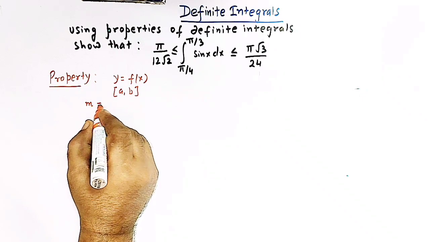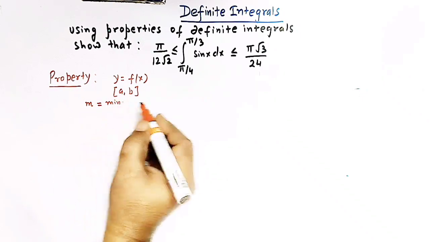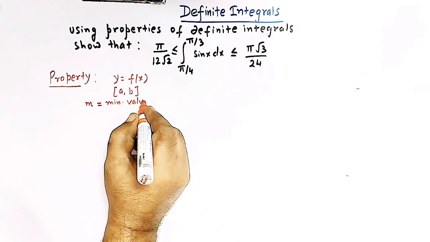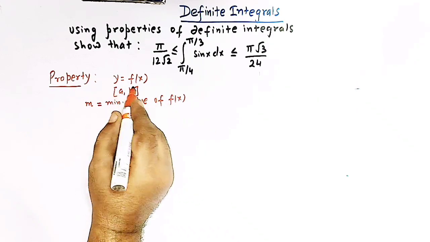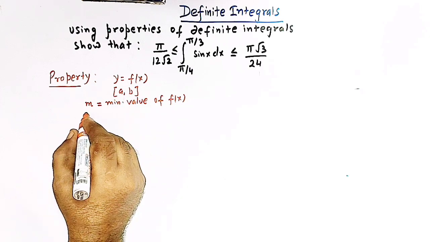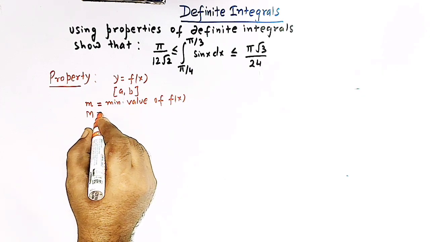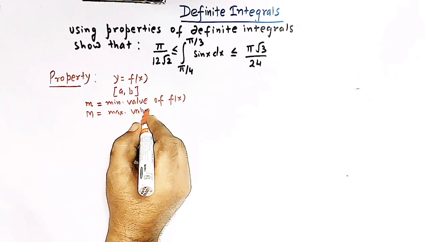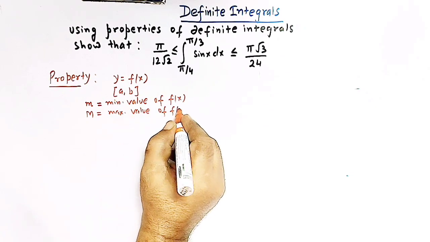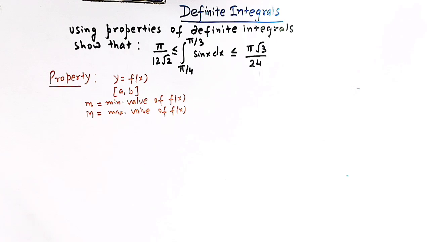So small m denotes the minimum value of the function f of x in this closed interval, that is a comma b, and the capital M denotes the maximum value of this function in this interval, right?